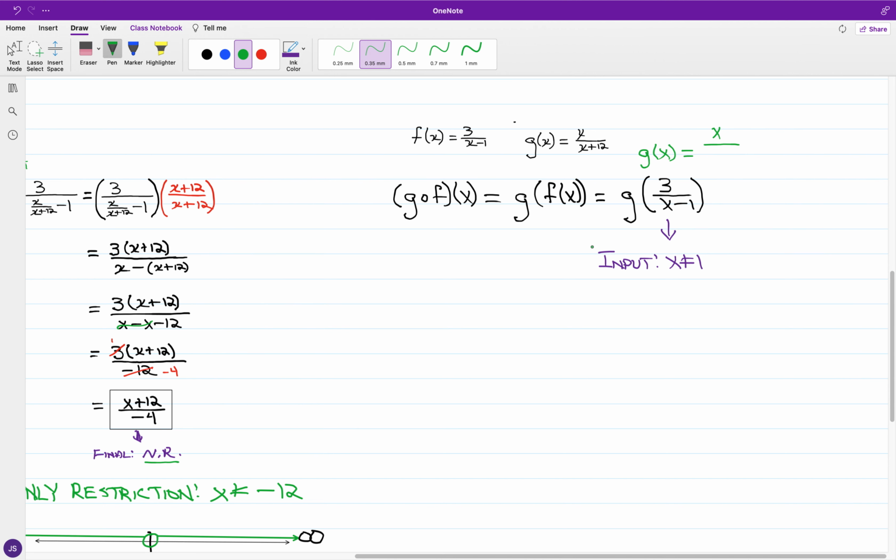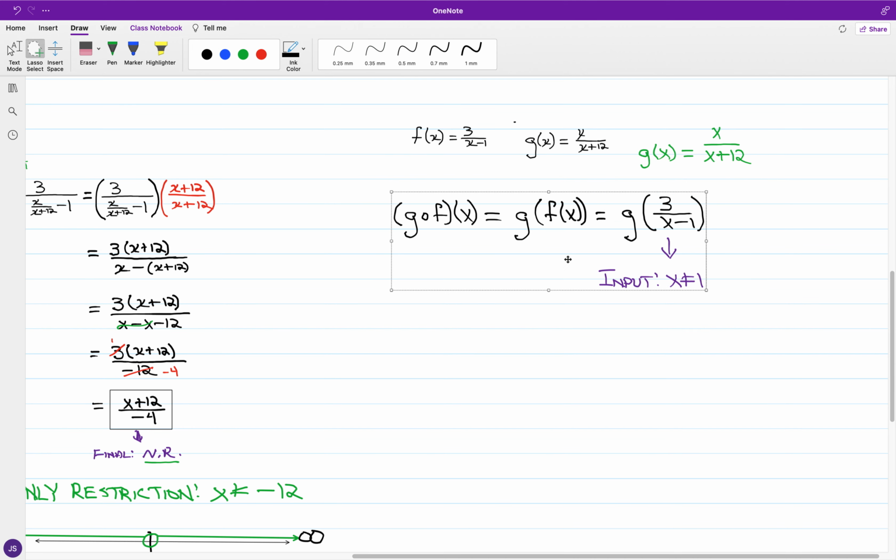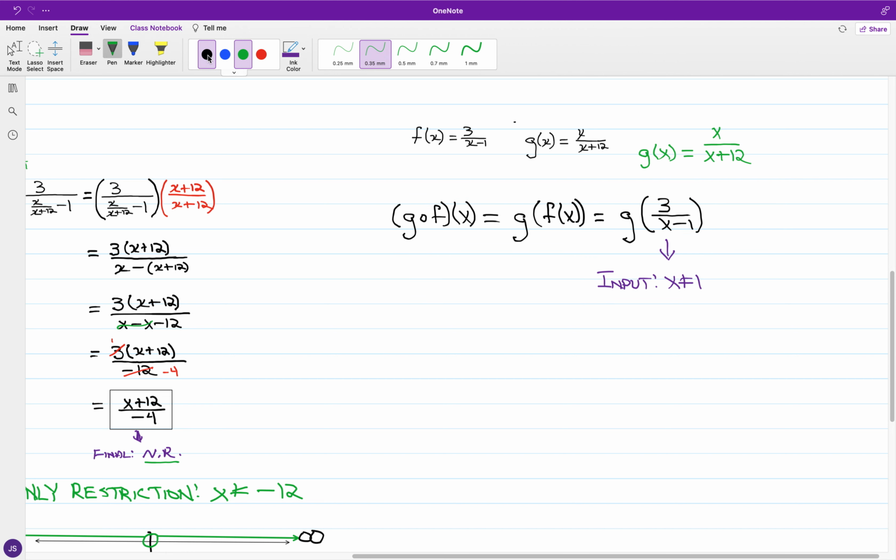Okay, so for the input, again, x cannot be equal to 1. Now for g of x, we have x all over x plus 12. What's going to make this tricky is that the function g of x is a fraction, and the input is also going to be a fraction. So you're going to have a bit of a complex fraction, not as in the letter i, but fractions within ratios.